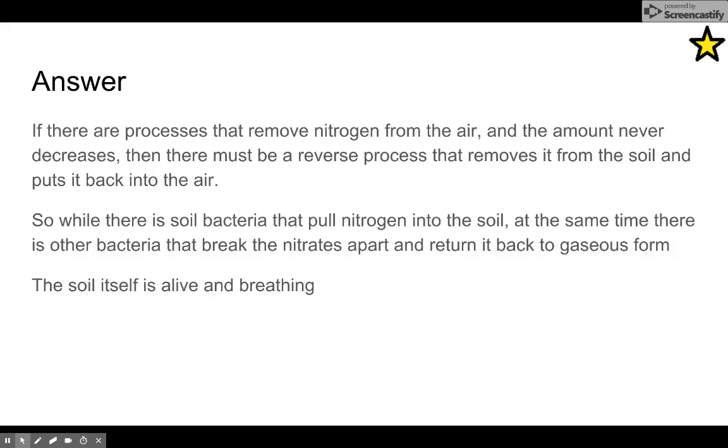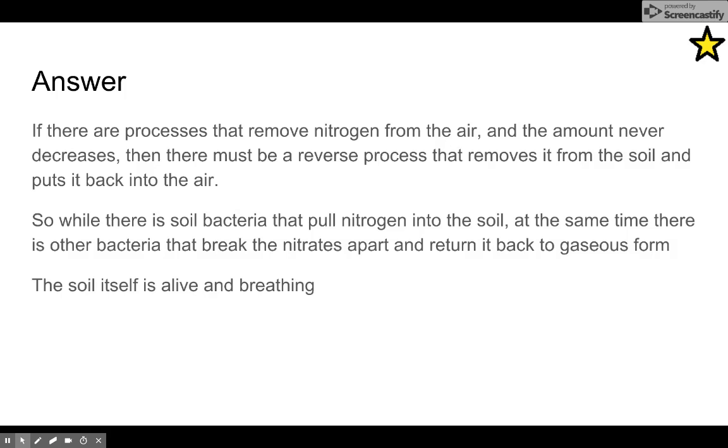This means there's stuff in the soil that is alive and breathing, and it's nitrogen they use. They either breathe nitrogen in or they breathe it out. That sounds exactly like photosynthesis with oxygen and CO2, except now it's N2 and NO3 or NH3. A few more things, but it's a doing and an undoing, and they're perfectly in balance.